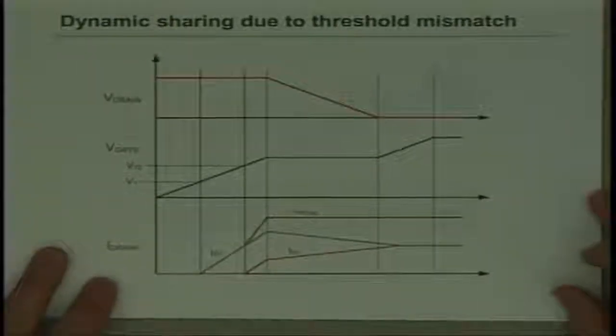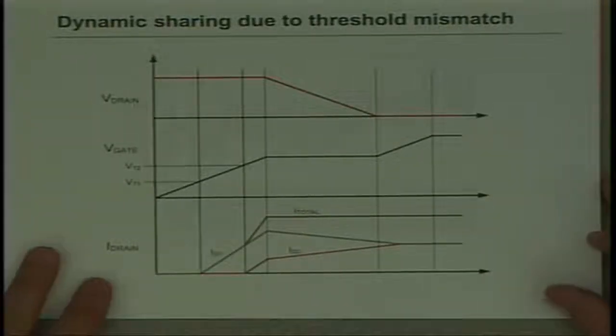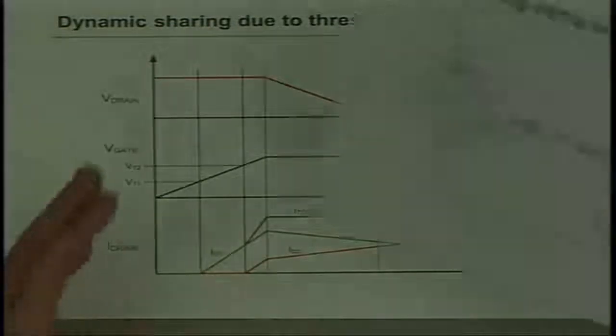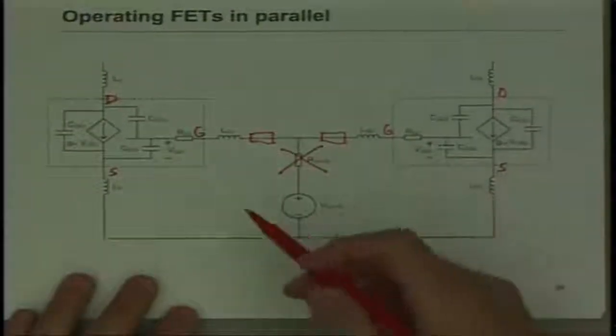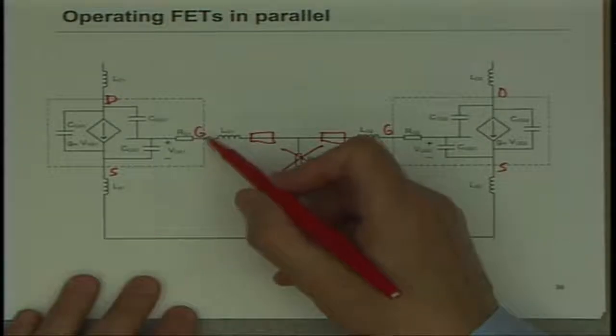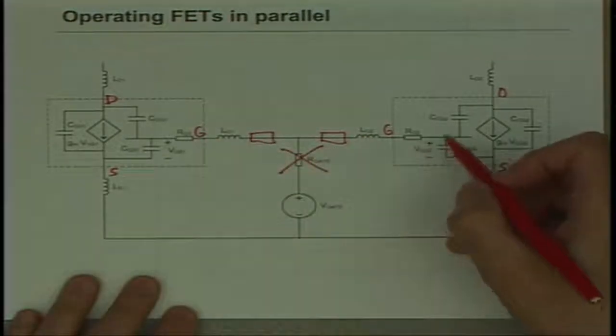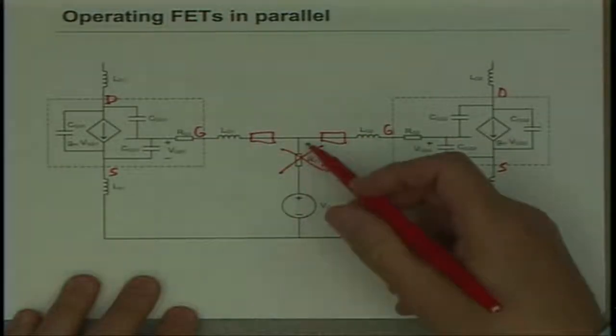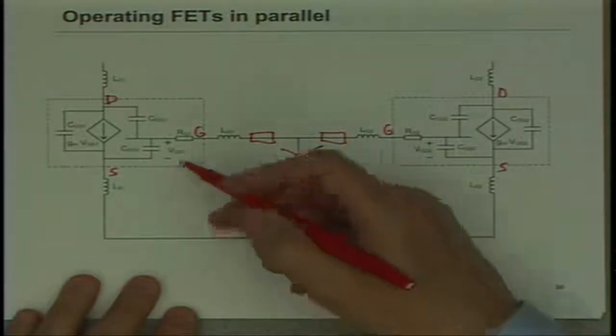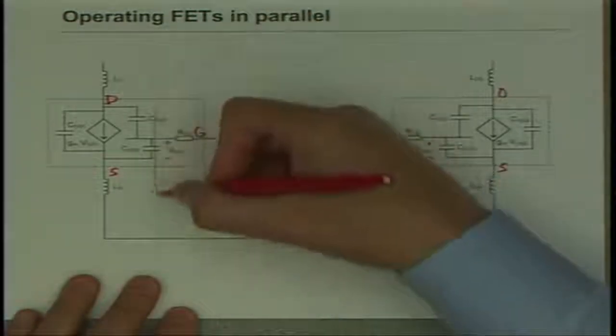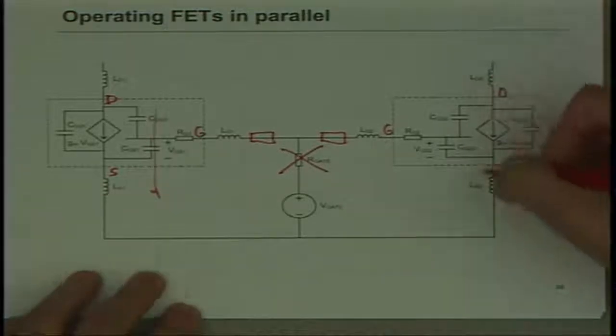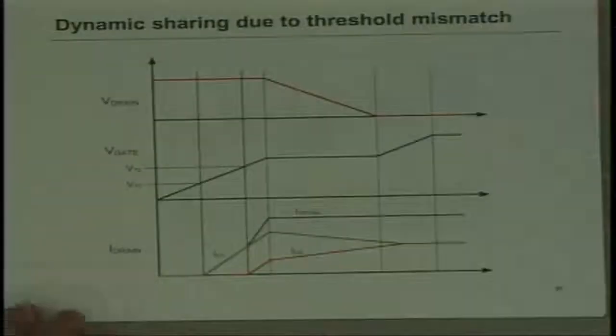What also happens is, on these two devices, if this one has a lower gate threshold than this one, as I turn them on, this one's going to start to take current first.